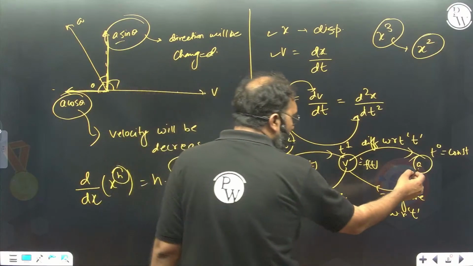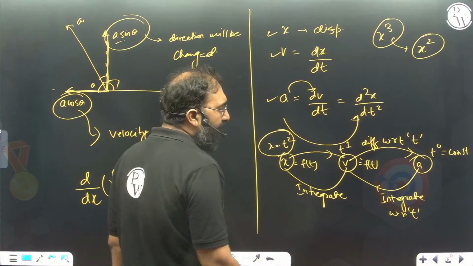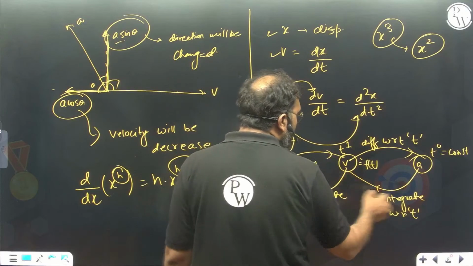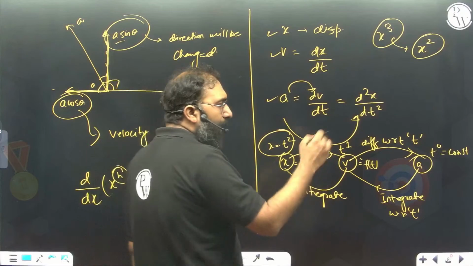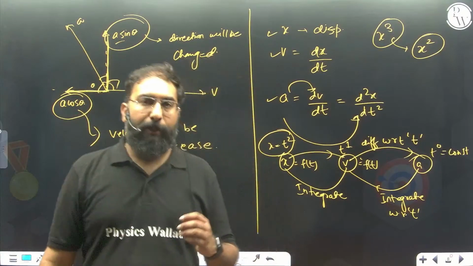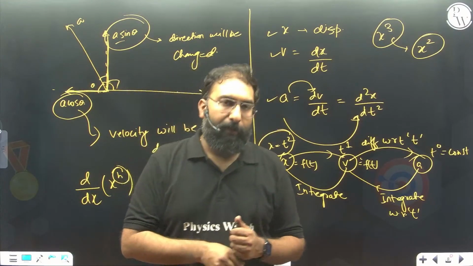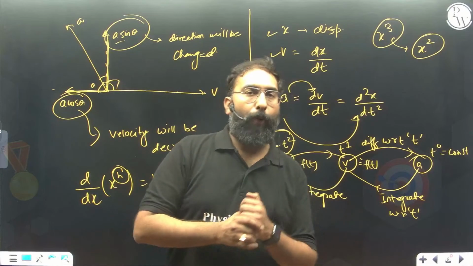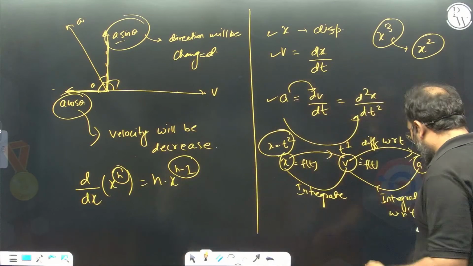Similarly, coming from a to v, you integrate, and whenever we integrate a function, its degree is increased by 1, and again coming from v to x, the degree is increased by 1. So whenever we differentiate an algebraic function, its degree is reduced by 1, and whenever we integrate a function, its degree is increased by 1. This is the basic fundamental.